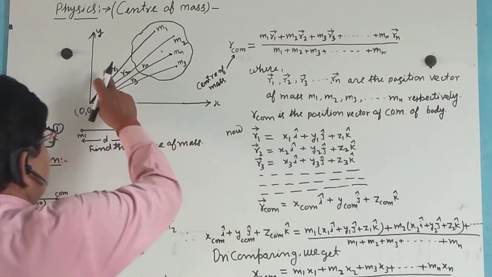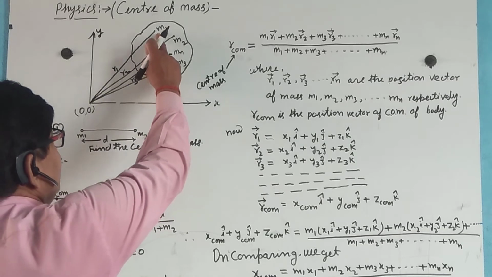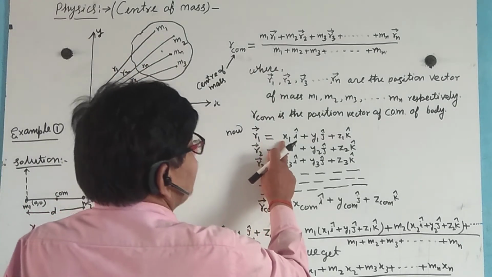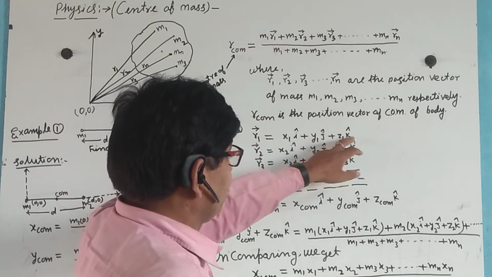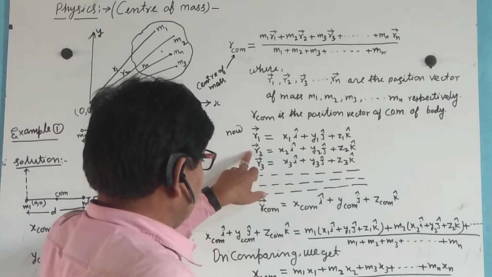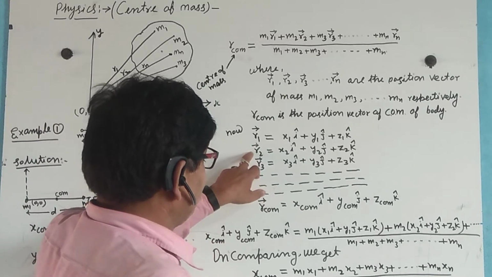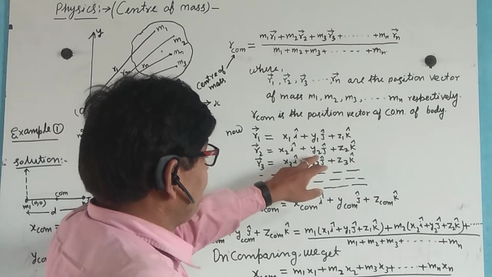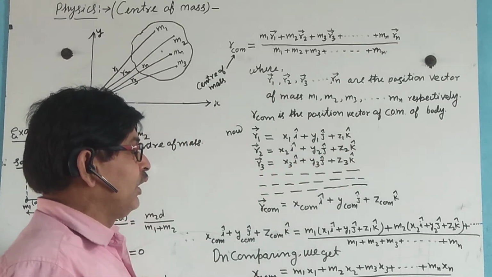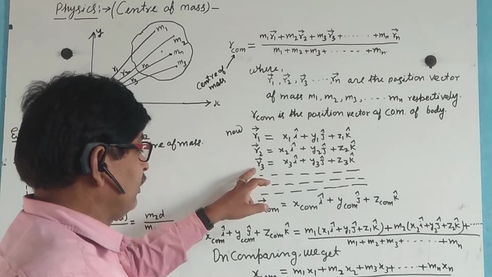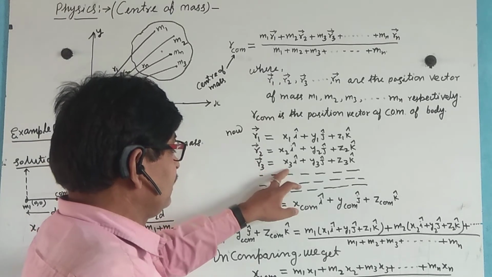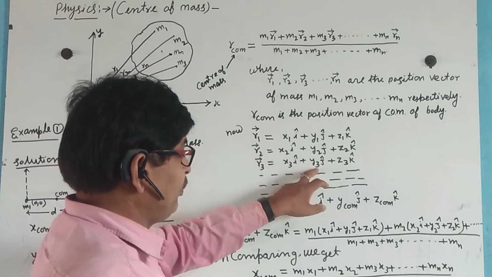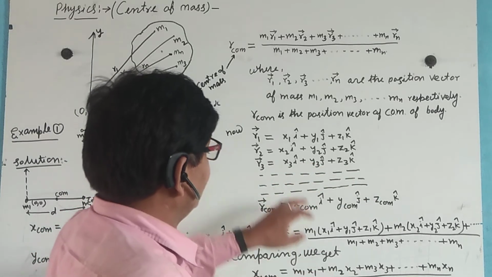Now the position vector of particle m1, r1, can be written as x1 i cap + y1 j cap + z1 k cap. The position vector r2 of m2 is x2 i cap + y2 j cap + z2 k cap, and the position vector r3 of particle m3 is x3 i cap + y3 j cap + z3 k cap, and so on.